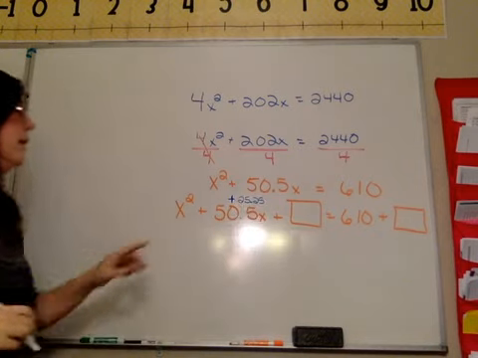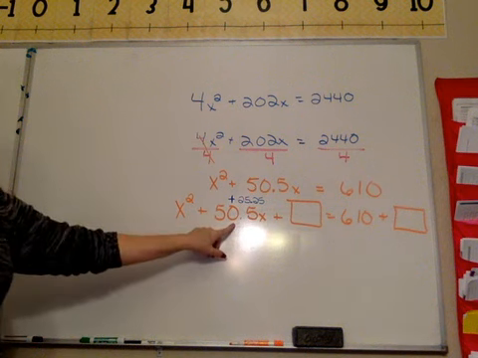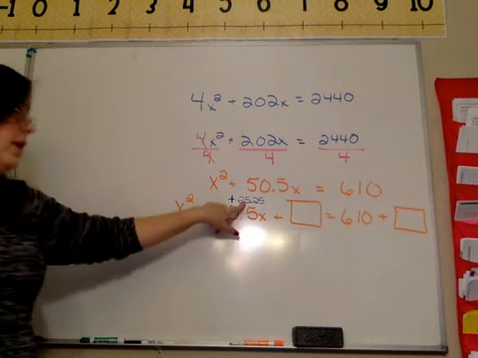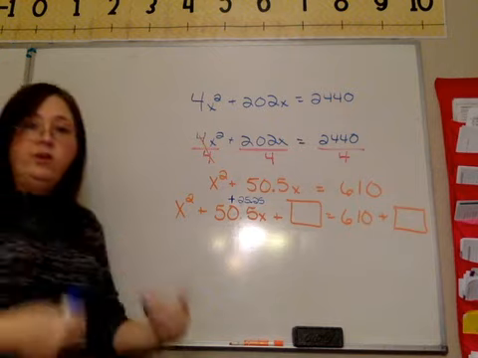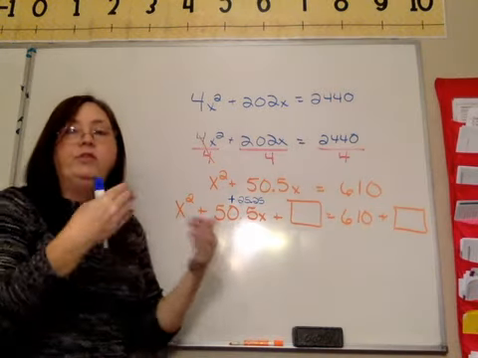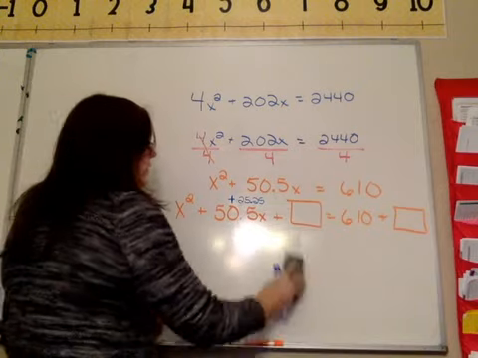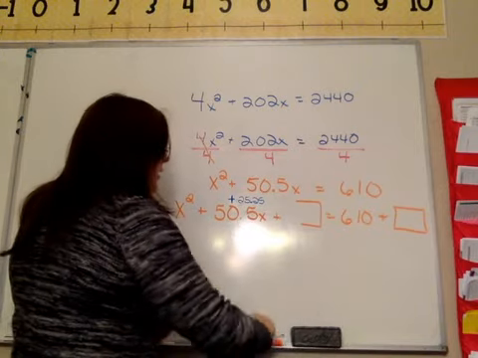Okay? Half the coefficient. Then you square it. So that's real important there. You have to half it and then square it. So it's 25.25 times 25.25. And yeah, you get a really ugly number, but that's okay. I actually got to make my squares a little bigger, now that I think about it.